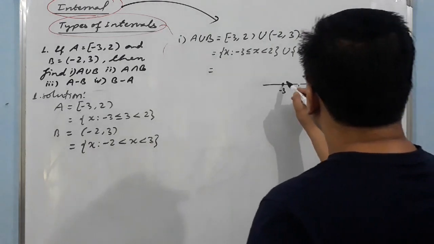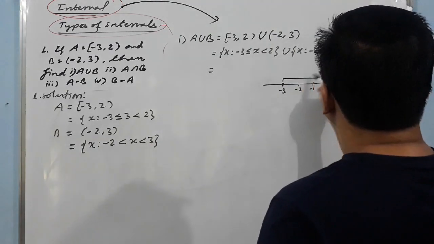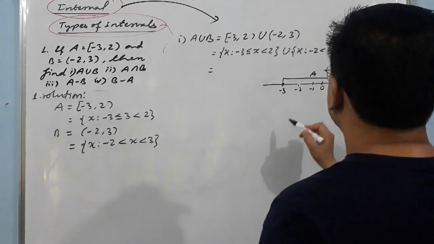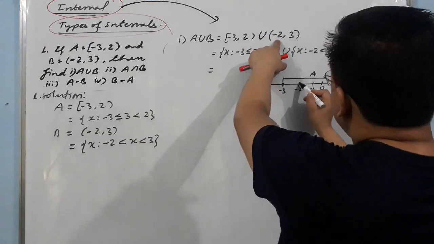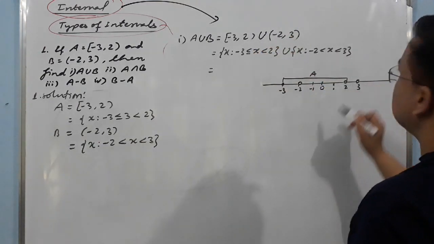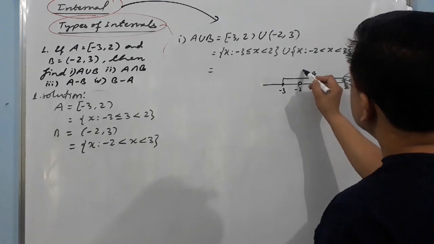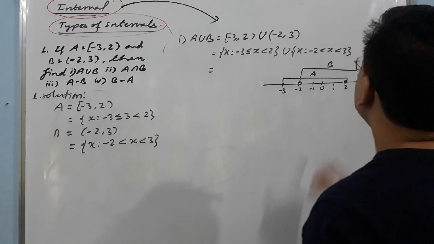This is your A. Now let's draw B, with an empty circle at negative 2 and at 3, because this is an open interval. This is your B.